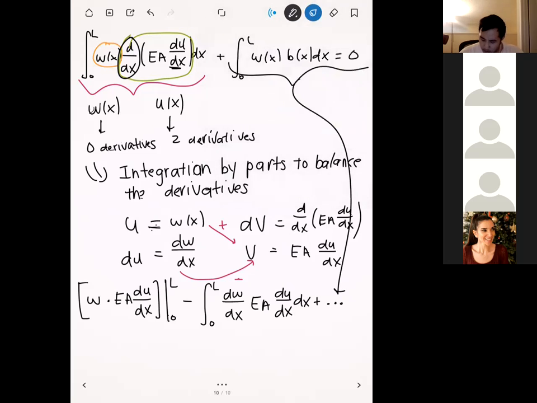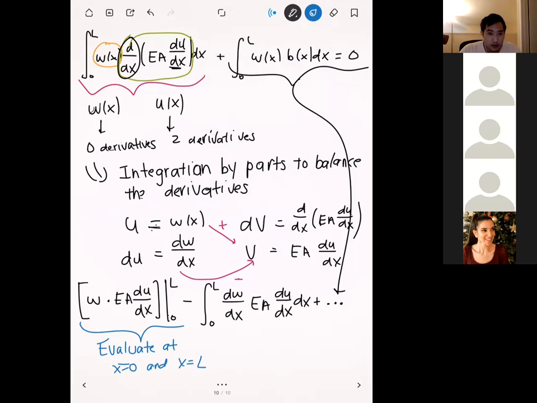And so the next step here, what we're going to do is take this term and evaluate it at x is equal to L and x is equal to 0, because this term has kind of already been evaluated from the integral before. And so we can actually evaluate this.